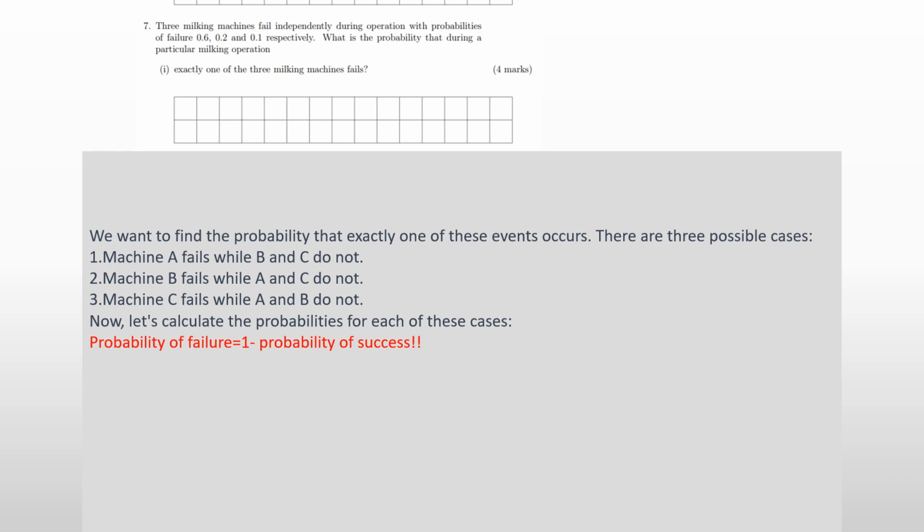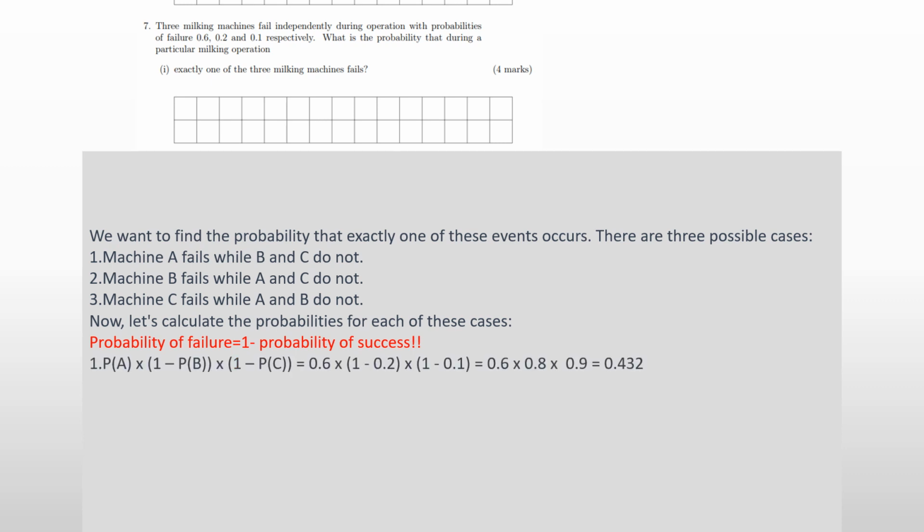It's just 1 minus 0.6, which gives 0.4. The same for B: B fails 0.2 of the time, or 20%, so 80% of the time B is okay. If C fails 0.1 of the time, or 10%, then 90% of the time C is okay. So I find both by taking the failure probability away from 1, or 100%.